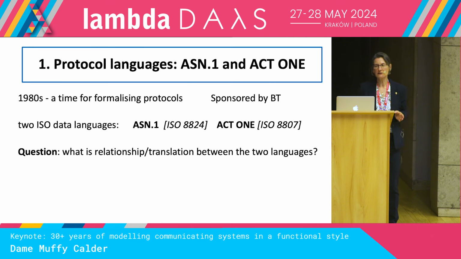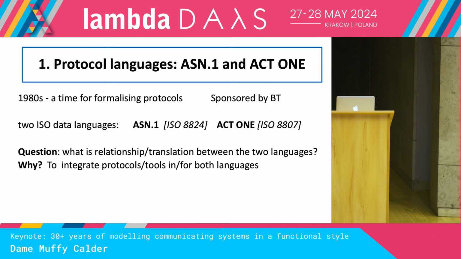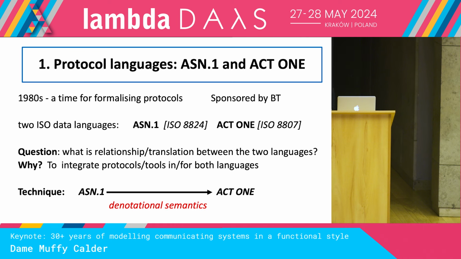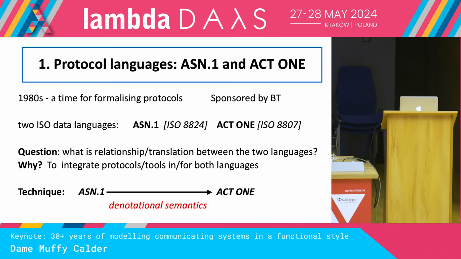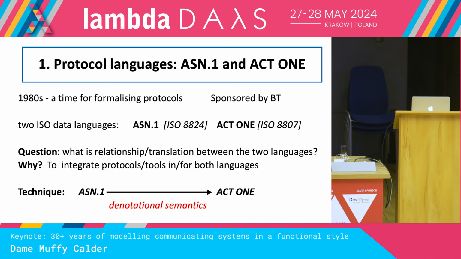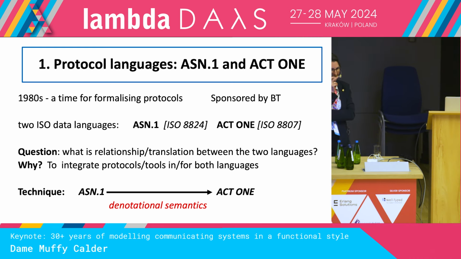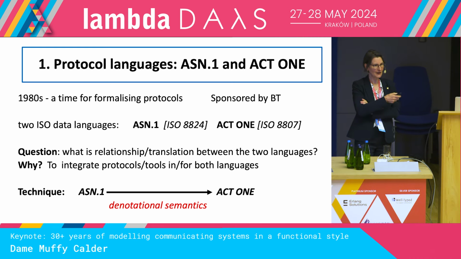And the question was, what is the relationship or the translation between the two? Because BT wanted to translate some of their protocols from ASN1 basically into LOTOS using ACT1. So why, again, to integrate protocols in both the languages? So I developed a denotational semantics for ASN1 into ACT1.